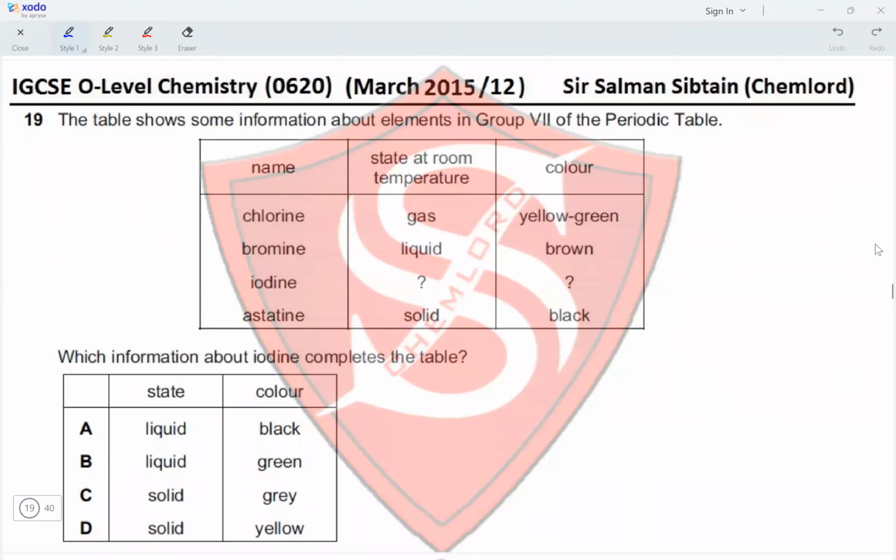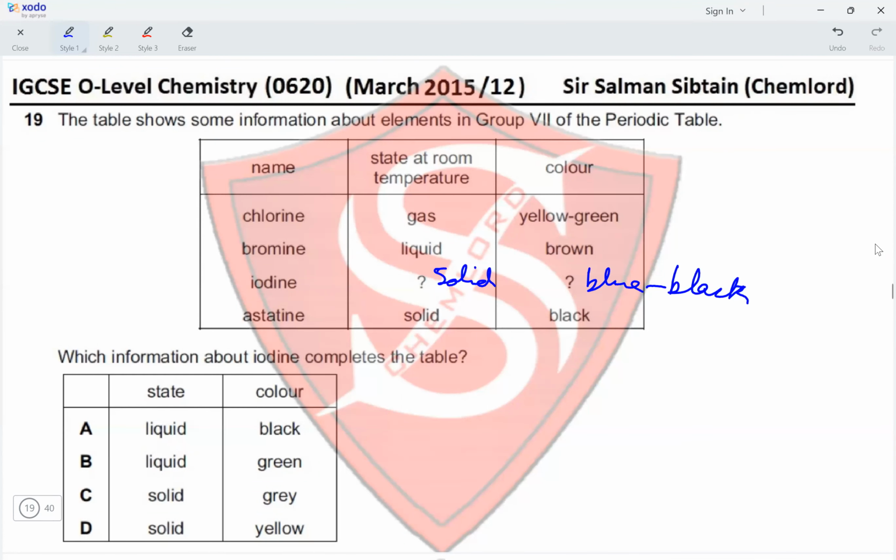Question 19. The table shows some information about elements in group 7 of the periodic table. So the name is chlorine. It is a gas which is yellow-green in color. Bromine is a brown liquid. Astatine is a black solid. So iodine is a solid which has a blue-black appearance.